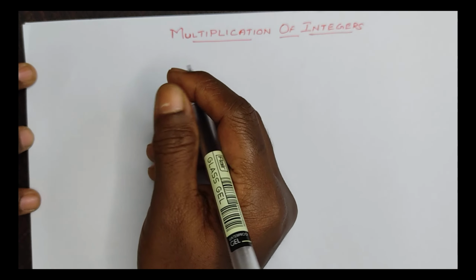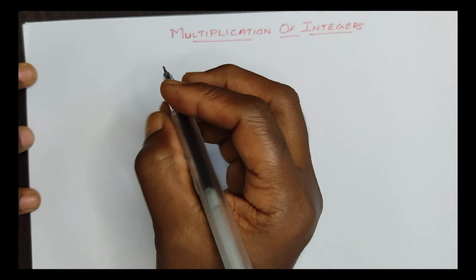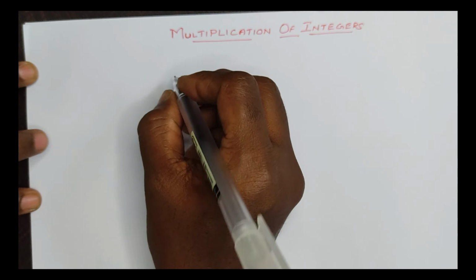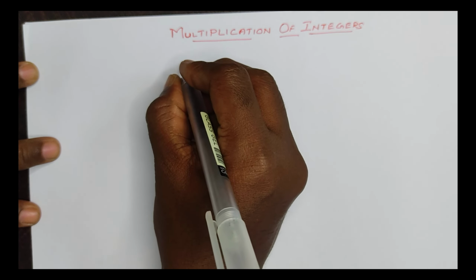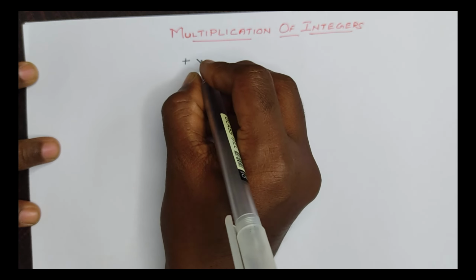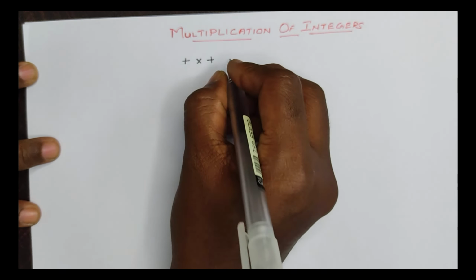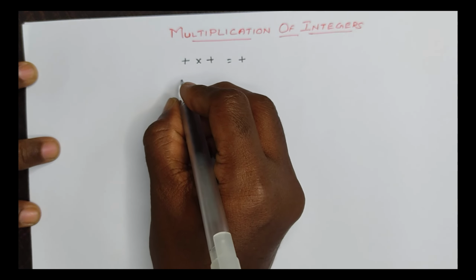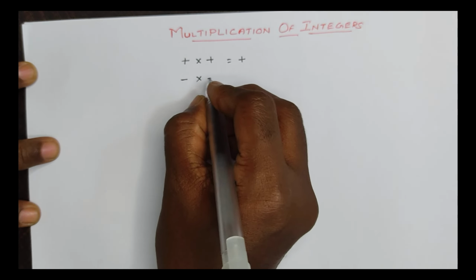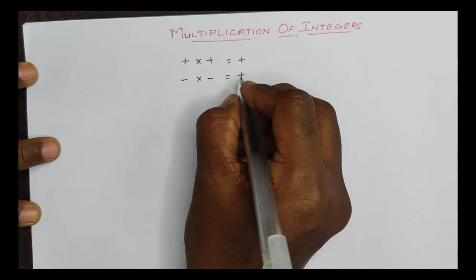So before going into the multiplication of integers, let us learn a simple trick to remember this. Always remember, when you multiply two positive numbers, you will be getting a positive result. And when you multiply two negative integers, you will be getting a positive integer.